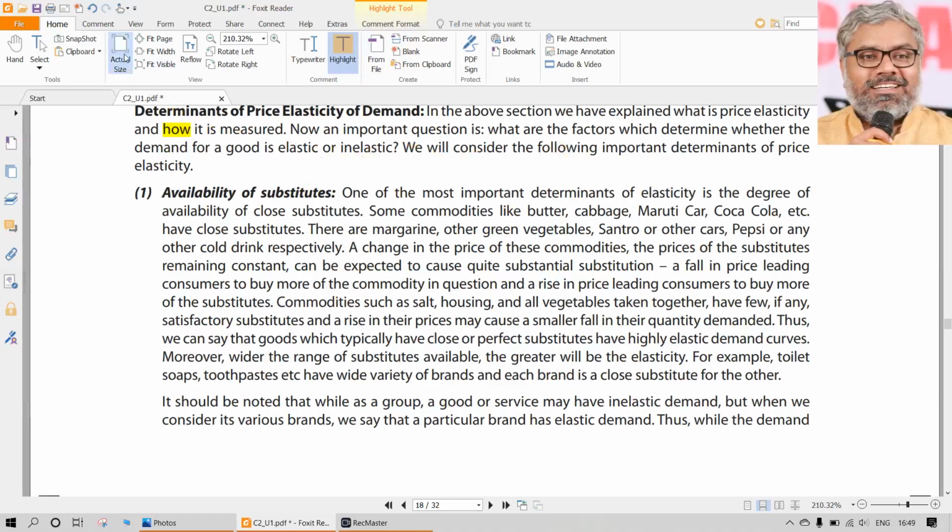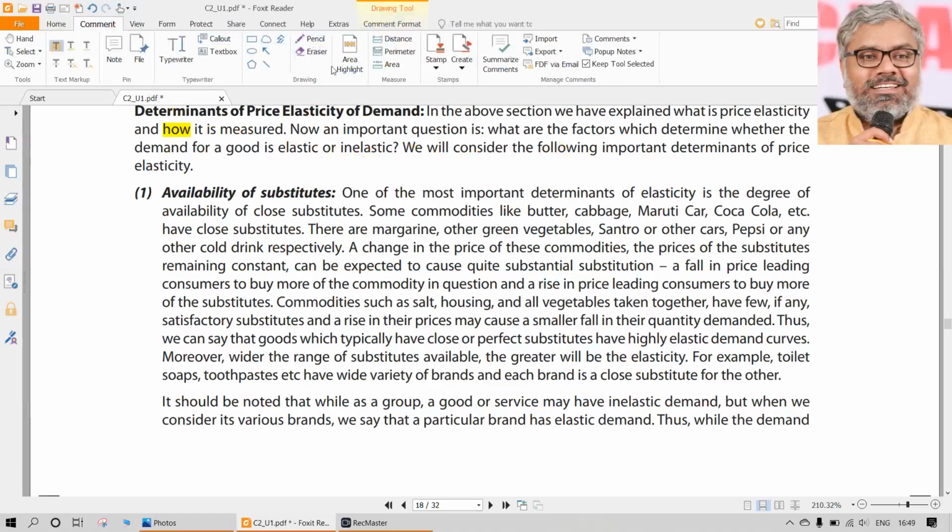How to measure the price elasticity of demand was the earlier discussion. Now it is why we are discussing: why, first of all, price elasticity of demand occurs as a tendency.